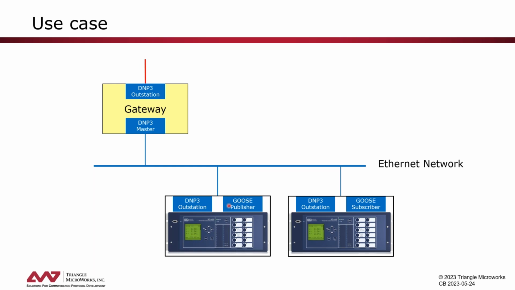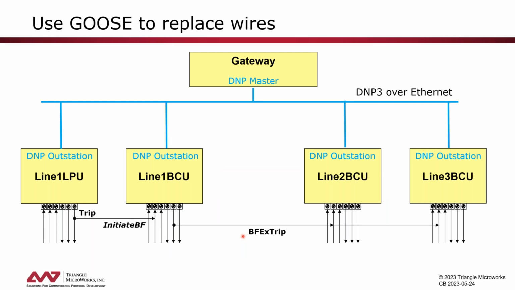However, what we would like to achieve is to reduce the wires that we have for application between the relays. So now we also add GOOSE messaging capability to our devices. So the devices will have GOOSE publishers and GOOSE subscribers. Through that webinar, we will look at this use case in different examples.